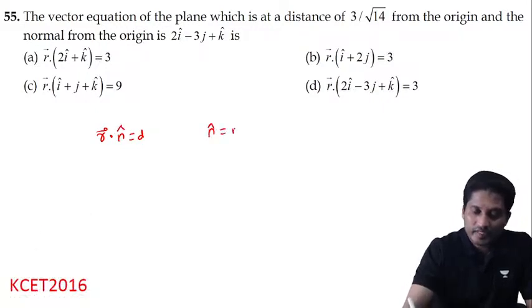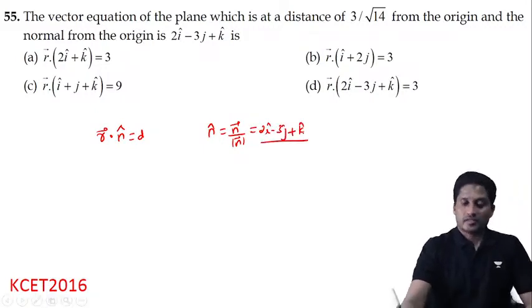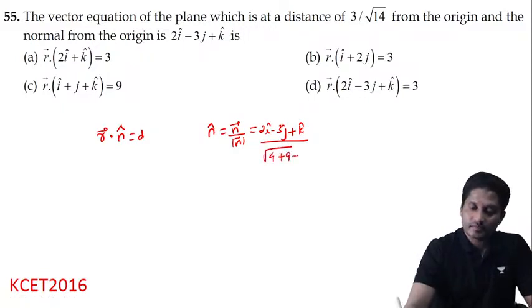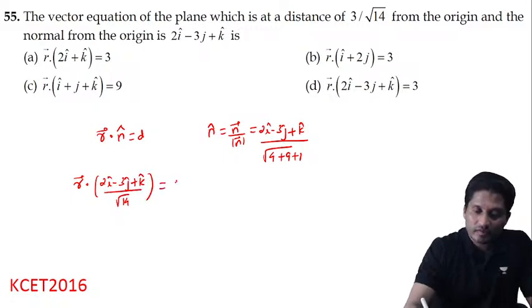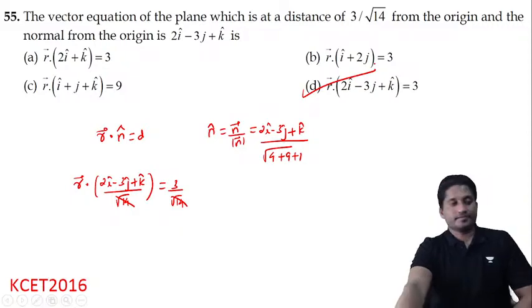N cap is equal to vector n upon magnitude, so this is 2i minus 3j plus k divided by magnitude, which is root of 4 plus 9 plus 1, root of 14. D is equal to 3 by root of 14. Root 14 will cancel. So r dot with 2i minus 3j plus k equals 3. Last option D only. Let's move to the next question.